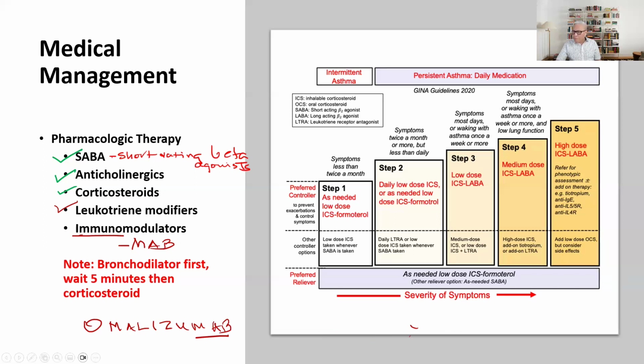All right, so when patients are taking medications to manage their asthma, sometimes they're going to be taking medications like SABA, as well as steroids and leukotriene modifiers and immunomodulators. There is a rule of thumb that as far as the sequencing is concerned, always administer bronchodilators first.